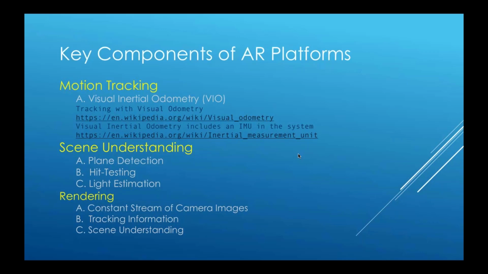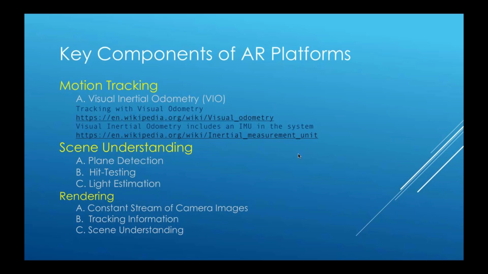Visual odometry is the process of taking camera images, locating pixels because of features and highlights, and then comparing one camera image against another in sequence to try to determine where you are in space. And there's a good Wikipedia entry on visual odometry.